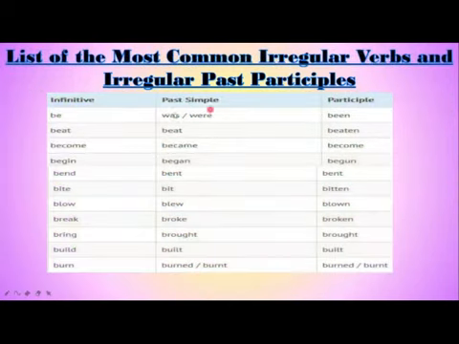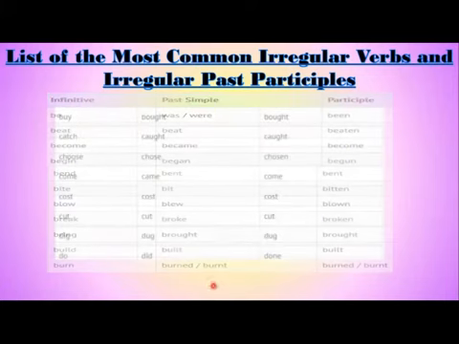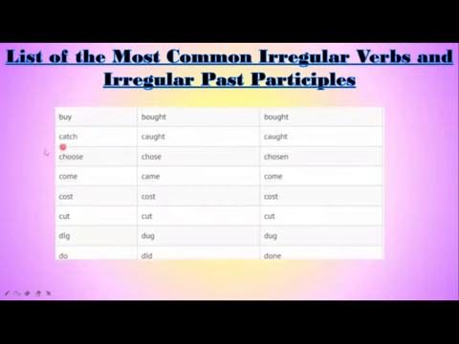List of the most common irregular verbs and irregular past participles. Be, was, were, being; beat, beat, beaten; become, became, become; begin, began, begun; bend, bent, bent; bite, bit, bitten; blow, blew, blown; break, broke, broken; bring, brought, brought; build, built, built; burn, burnt, burnt; buy, bought, bought; catch, caught, caught; choose, chose, chosen; come, came, come.